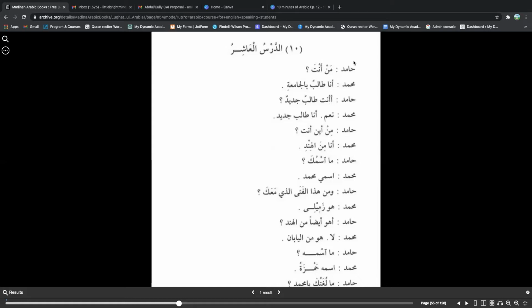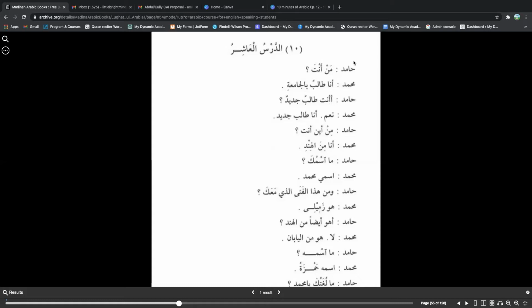Now, a couple of other things. Just remember the word for father in Arabic is abun, and for brother, akhun. When we add a possessive pronoun to ab or akh, if you see in the book, it's akhuka, your brother. You add a waw, and then you add the possessive pronoun to it.